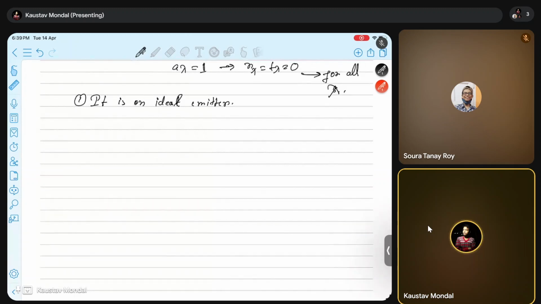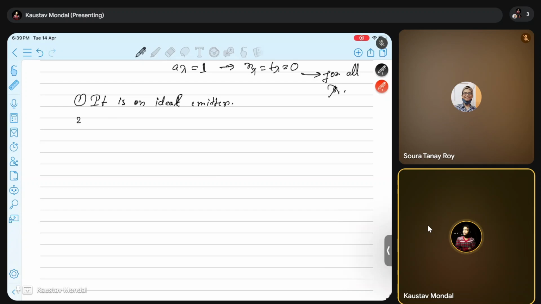So that means it has the emission power that is maximum for any lambda compared with any other kind of material or any other kind of object.